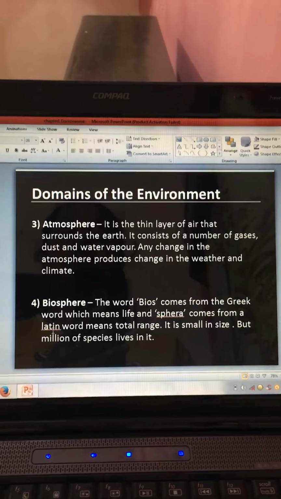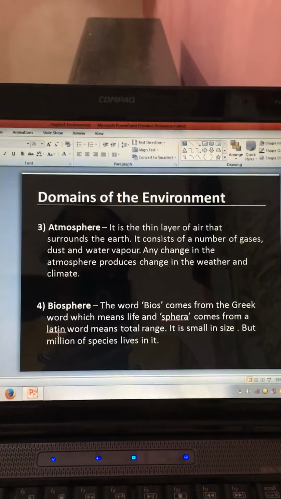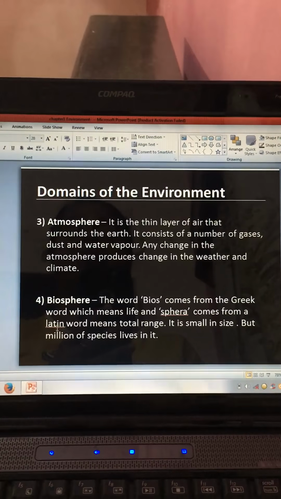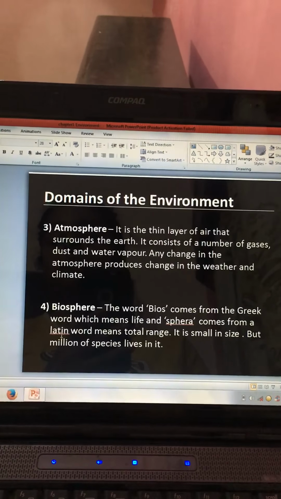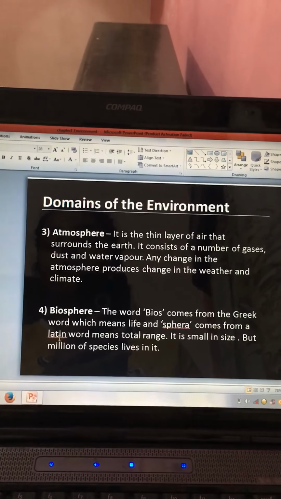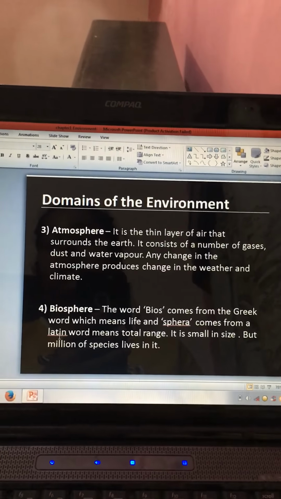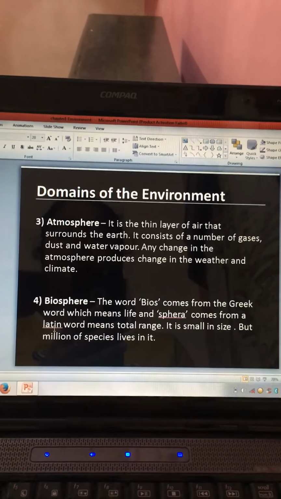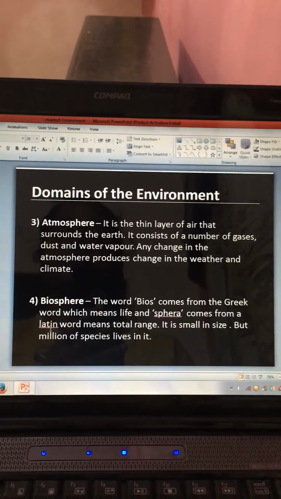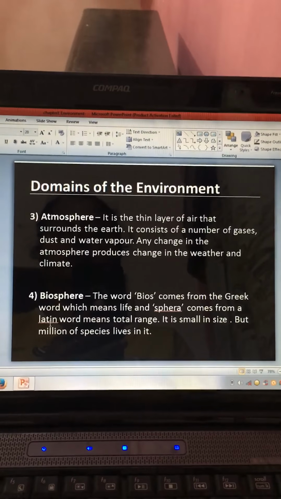Any change in the atmosphere produces change in the weather and climate. As human beings and animals, we need oxygen to survive, and plants need carbon dioxide to support themselves. So this is how atmosphere works.